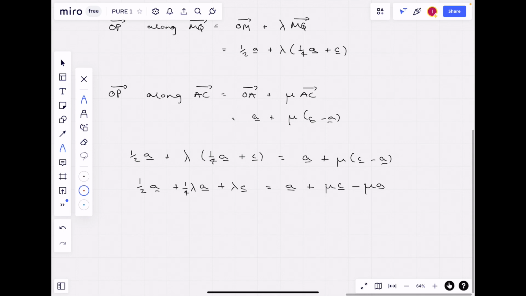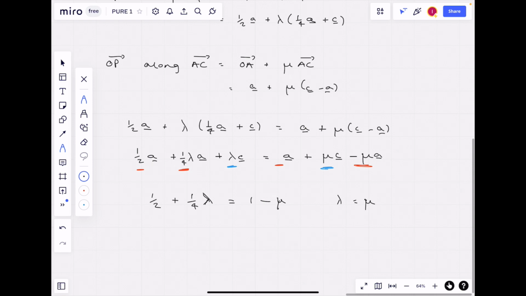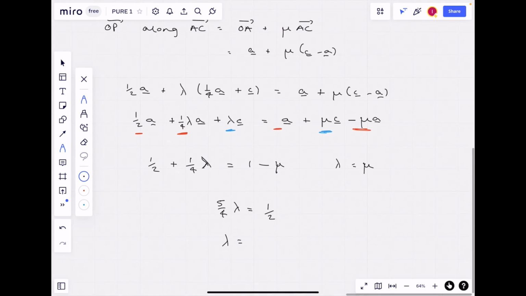Or we can just make the coefficients of A equal and the coefficients of C equal. So a half plus a quarter lambda equals 1 minus mu and lambda equals mu. That's our simultaneous equation. When we solve, then 5 over 4 lambda equals a half, which means lambda equals 2 over 5. If lambda equals 2 over 5, mu equals 2 over 5.